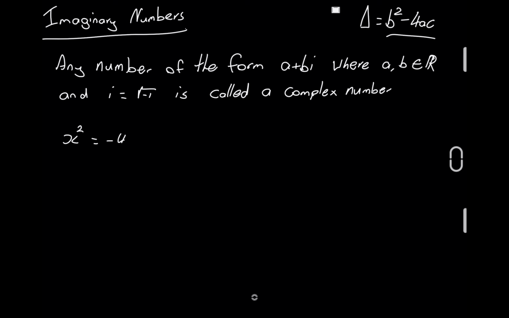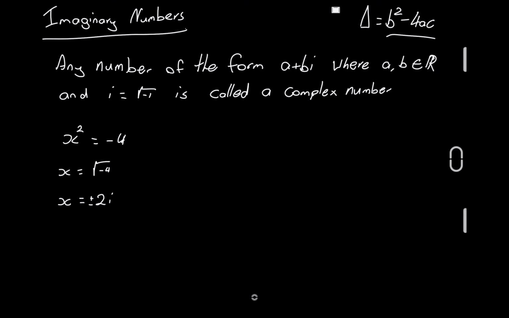Well, the first thing I would do in any case like this is take the square root of both sides because we want to get x by itself. However, that would mean that x is equal to the square root of minus 4. And we've been told you can't have the square root of a minus number, except it turns out you can. We just call it imaginary. So in this case, x is going to be equal to 2i, and it's plus or minus 2i. It can be either one.